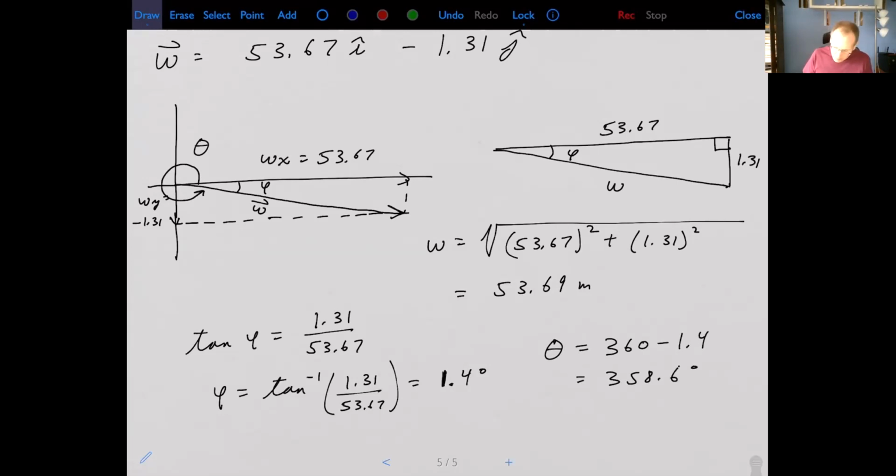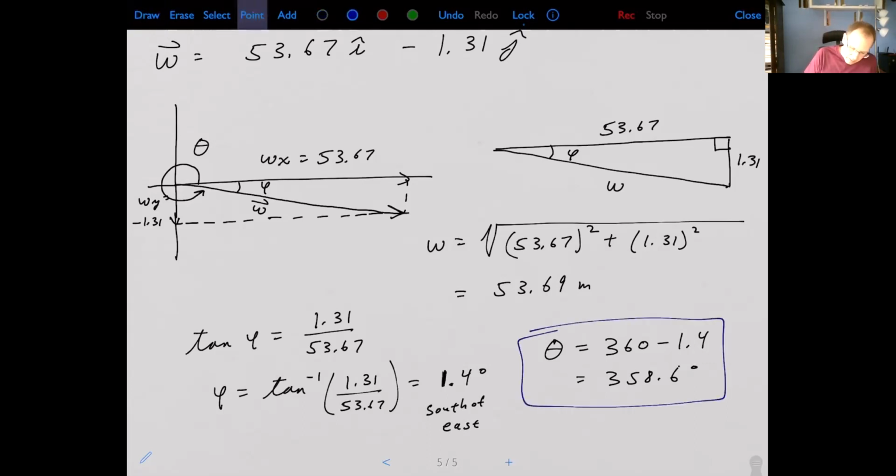So you could either use phi by itself, 1.4, but then you have to say like, south of east. You have to give some more information so that we know that we're in the fourth quadrant. Or if you just give an angle directly, then it's implied that you're starting at the positive x and measuring counterclockwise to the vector. Okay, so this would be the magnitude of vector w, and this would be the direction, 358.6 degrees, or 1.4 degrees south of east.